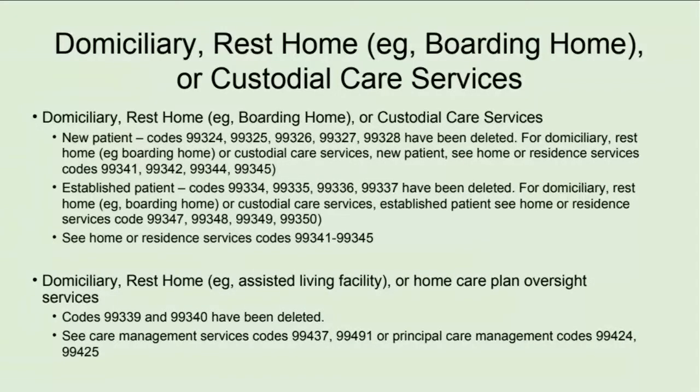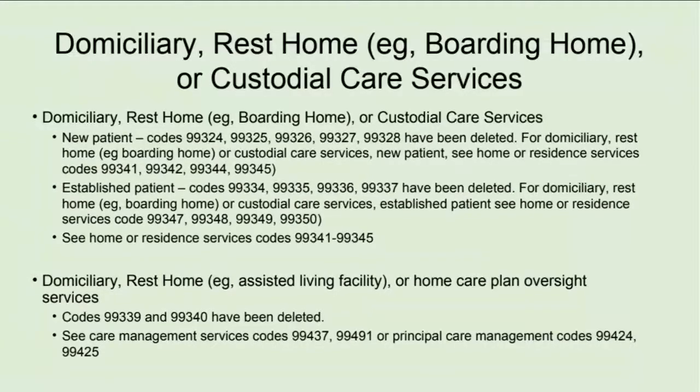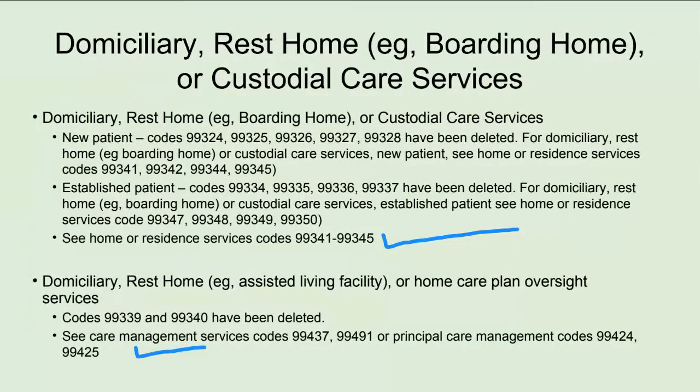Oversight services for these codes have also been deleted, and a note here refers you to the principal care management codes. So for the first set of codes, it's sending you to the home or residence services codes. These are new codes. For the second set of codes, for the oversight, it's sending you to principal care management codes.